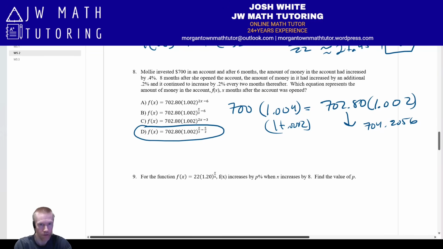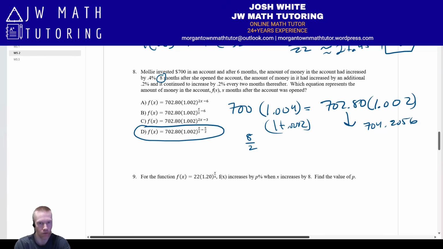So if you want to find how much interest there is at the 8-month mark, well, it's not just going to be raising it to the 8th power, or even 8 over 2, because it accumulates every 2 months, and at the 8-month mark it technically would only have gone through one 2-month accumulation. You know what I'm saying?